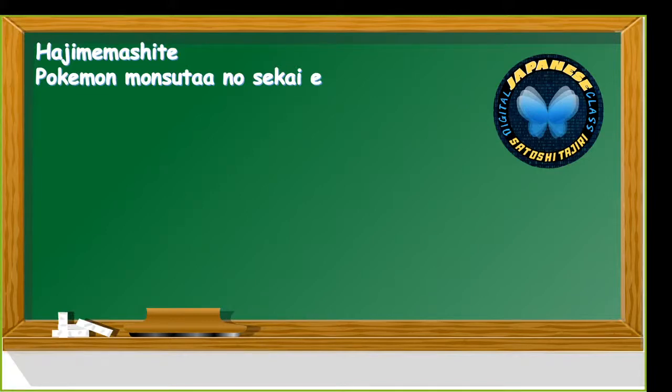For example, if you're writing to a person, I want to say a name, Saudi-san e, dear Saudi. So use e as our particle there. Then on the bottom will be my name, Satoshi, then yori. I will add yori, it means from. Our particle no here functions to connect two nouns. So like saying here, welcome to the Pokemon world.